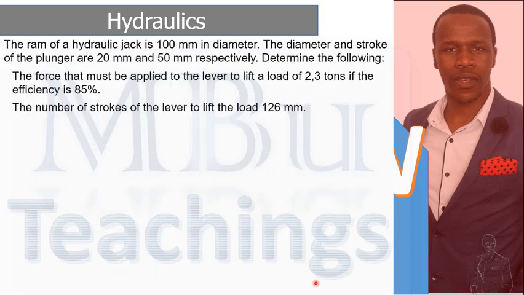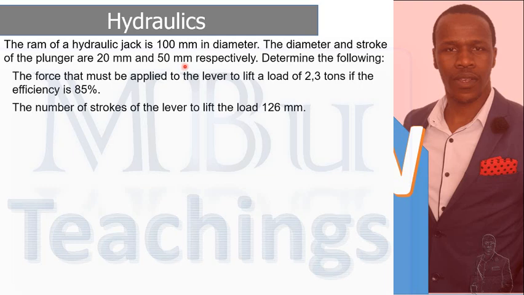It says the ram of a hydraulic jack is 100 millimeters in diameter. So we have the diameter of the ram. The diameter and stroke of the plunger are 20 and 50 millimeters respectively. Now the term respectively means in that order. So what they are actually telling us is that the diameter of the plunger is 20 millimeters and the stroke length is 50 millimeters.